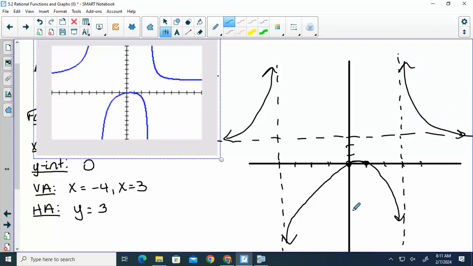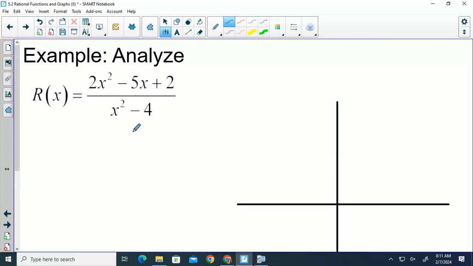So our graph looks something like this. All right. Is that one okay? Let's try this one.